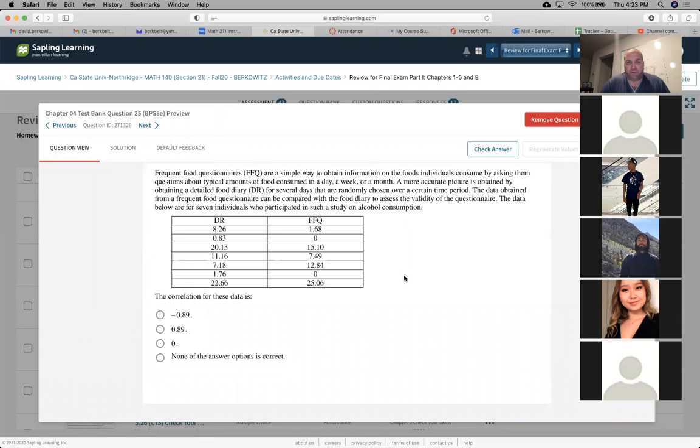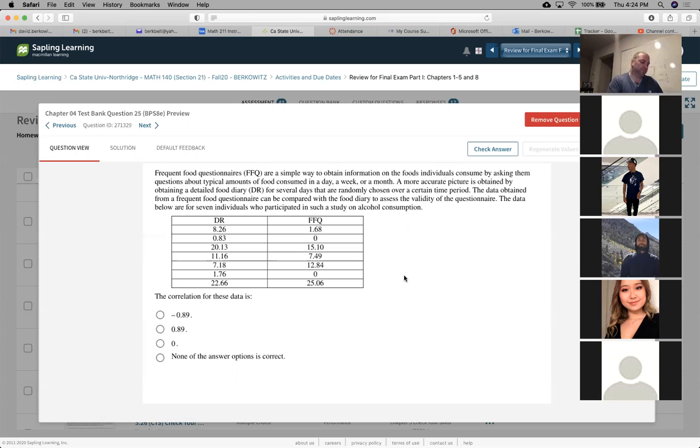A more accurate picture is obtained by obtaining a detailed food diary, DR, for several days that are randomly chosen over a certain time period. The data obtained from a frequent food questionnaire can be compared with the food diary to assess the validity of the questionnaire. The data below are for 7 individuals, 1, 2, 3, 4, 5, 6, 7, who participated in such a study on alcohol consumption. They just want to know the correlation.